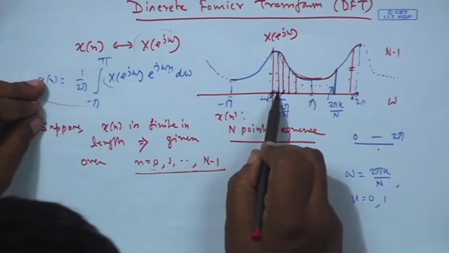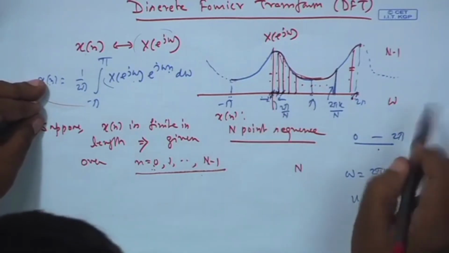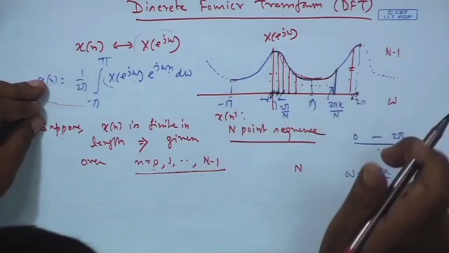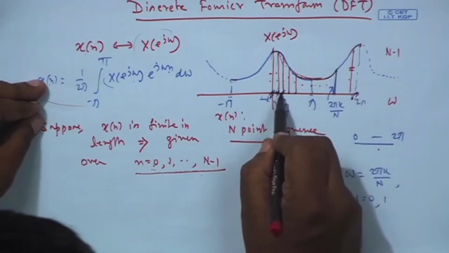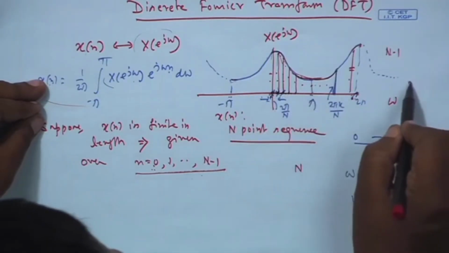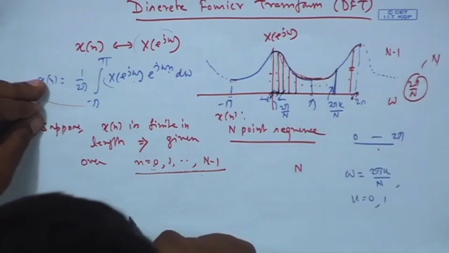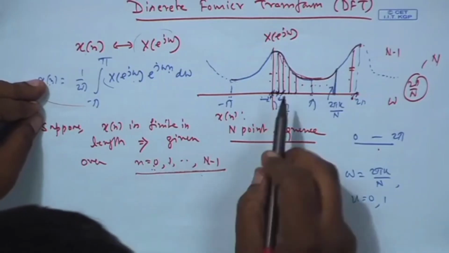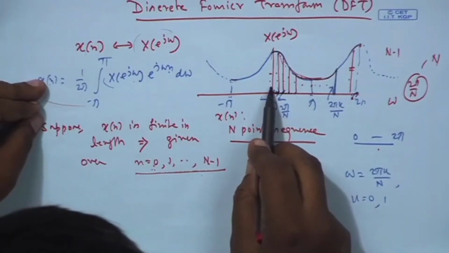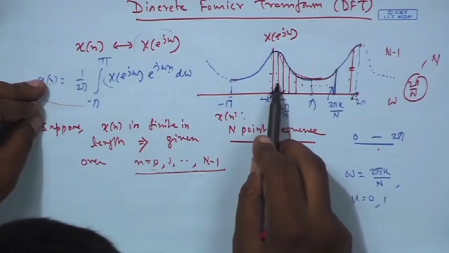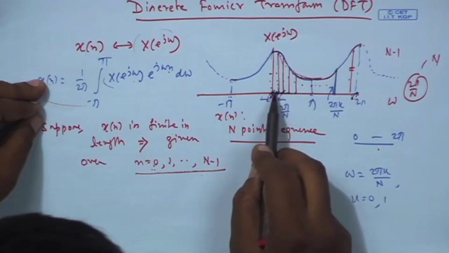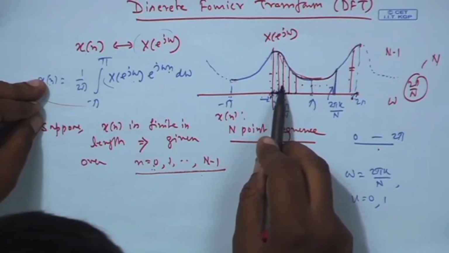Because I have divided the range 2 pi into N, so 2 pi by N, 2 pi by N, 2 pi by N. How many 2 pi by N's? This period occurs N times. So, this is 2 pi by N, before that the 0th sample. Next 2 pi by N, first sample. Next 2 pi by N, second sample.